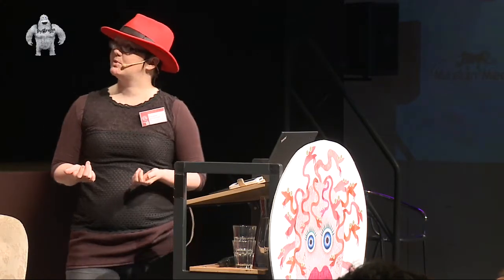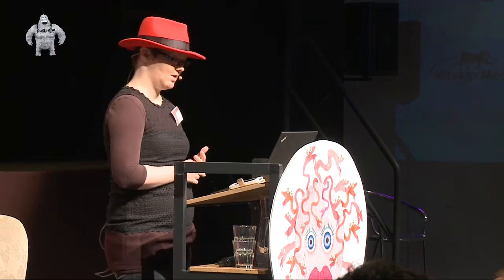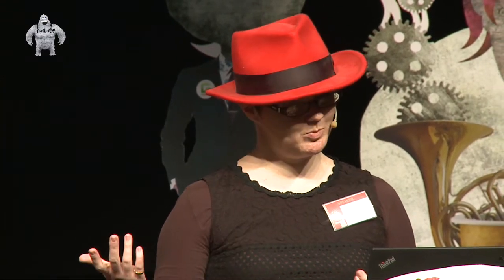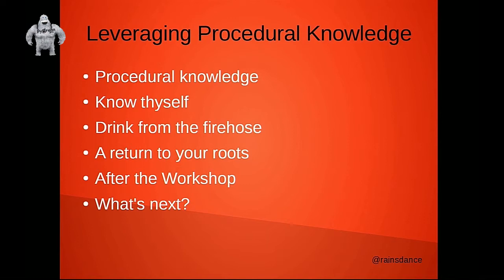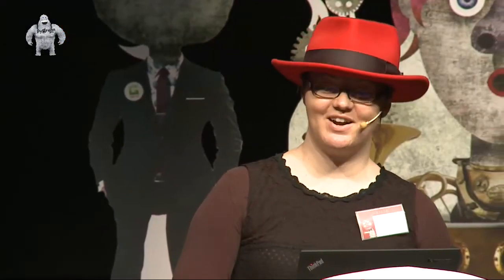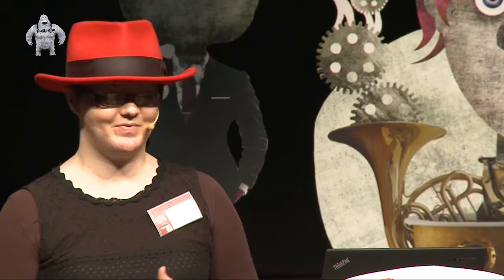So what is procedural knowledge is obviously something I'm going to talk about. Know Thyself has to do with, in order to leverage procedural knowledge, you have to know what you know. And that has to do with declarative knowledge, which is the whats, but also what do you know how to do. Drink from the Firehose is a phrase that we use at Red Hat, and I'm going to talk about how I leverage procedural knowledge to drink from the Firehose.